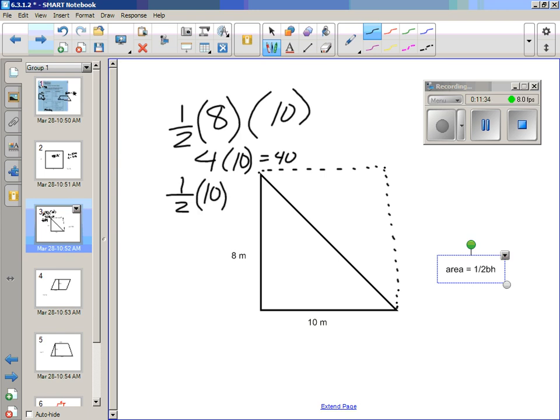What's 1/2 of 10? 5. And 5 times 8 is 40. Or I could do 8 times 10 first. 8 times 10 is 80, and what's 1/2 of 80? 40. There's more proof that the commutative rule of multiplication is true. Doesn't matter which order we multiply numbers. Okay?